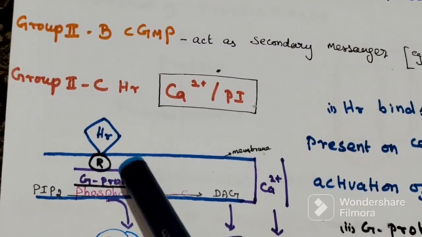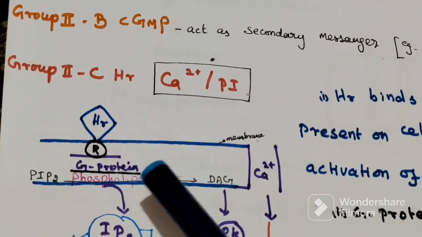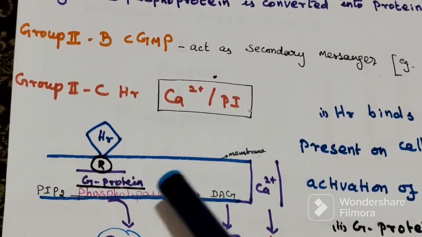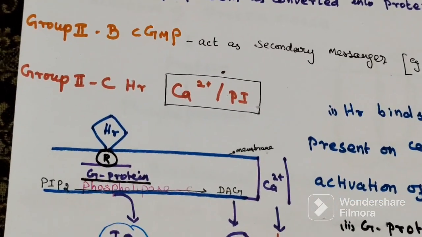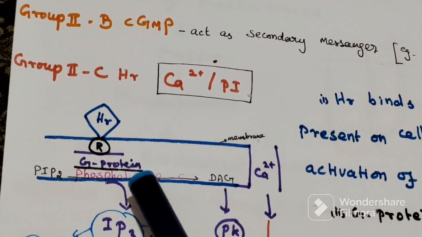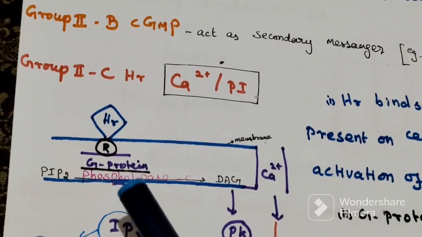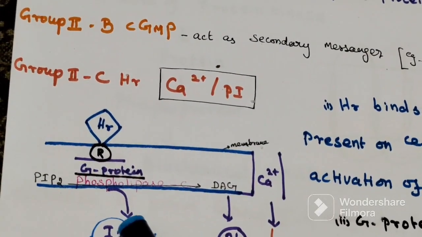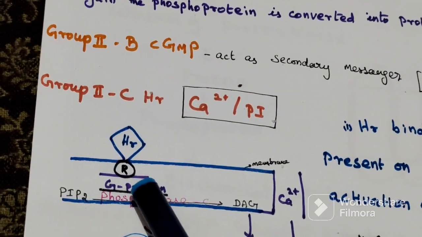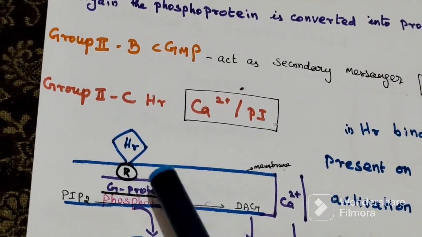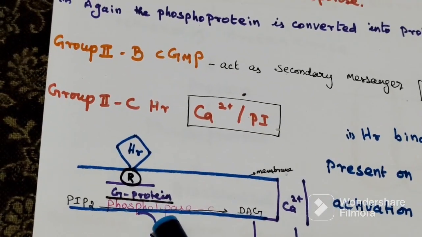The hormone binds with a receptor which is present on the cell surface. This one is the membrane. This receptor causes activation of G protein, and the G protein activates the phospholipase enzyme. This one is the effector molecule.